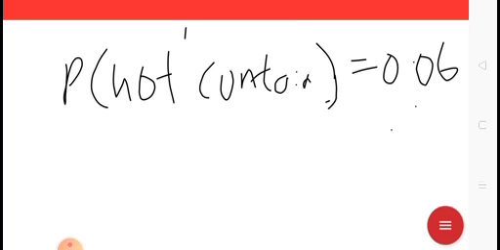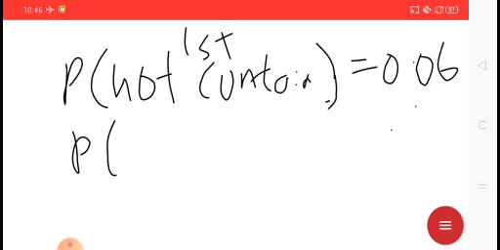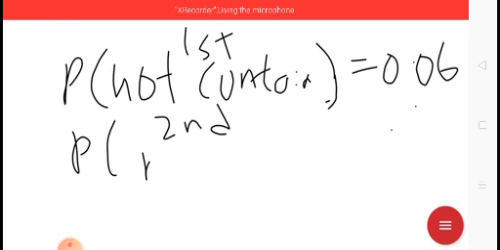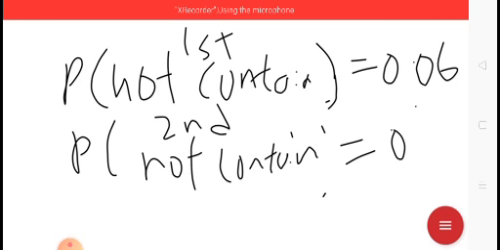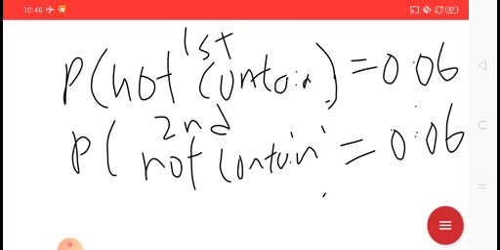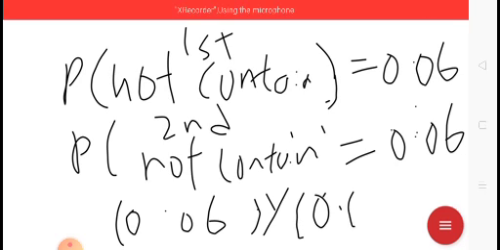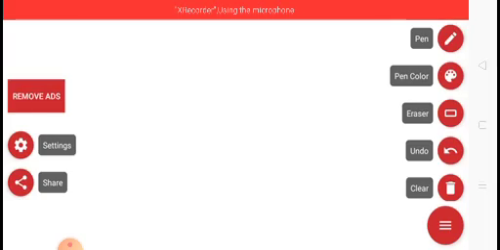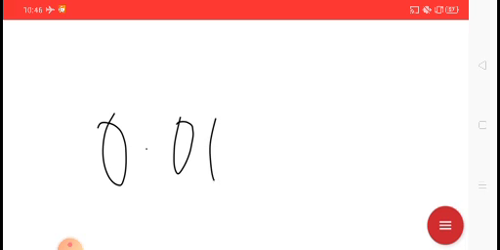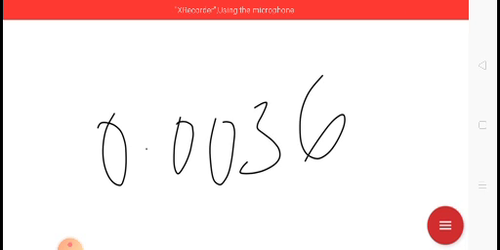For the second sample, also 0.06. So both of them not containing the mean is 0.06 multiplied by 0.06, so you should get the answer 0.0036.